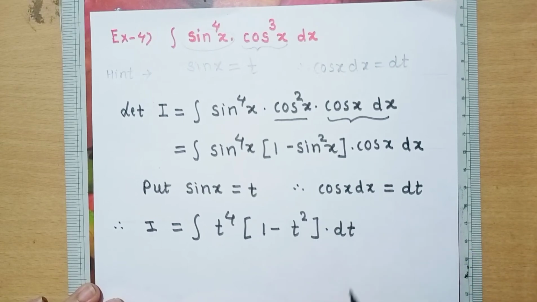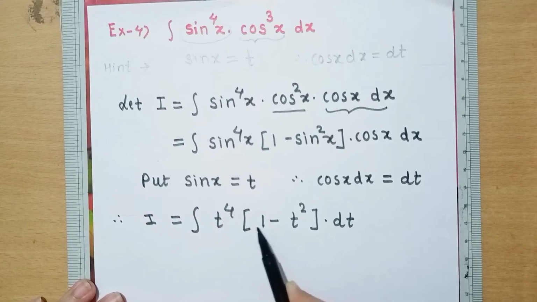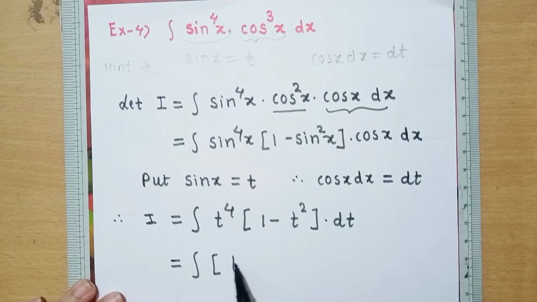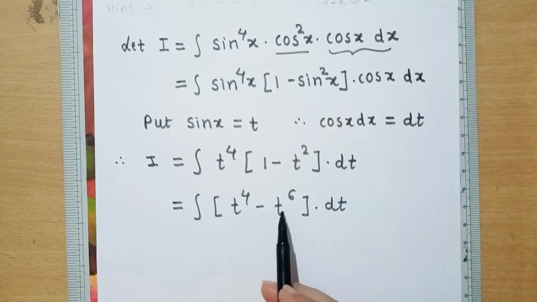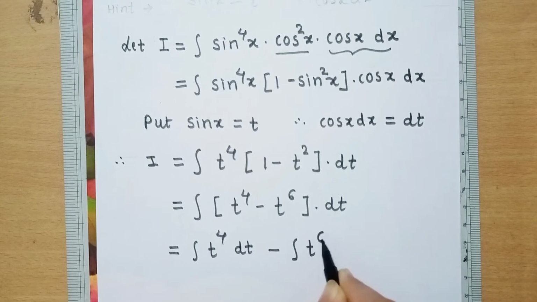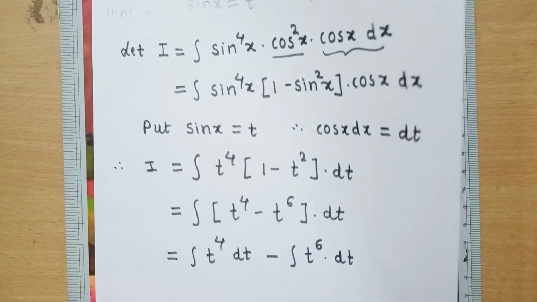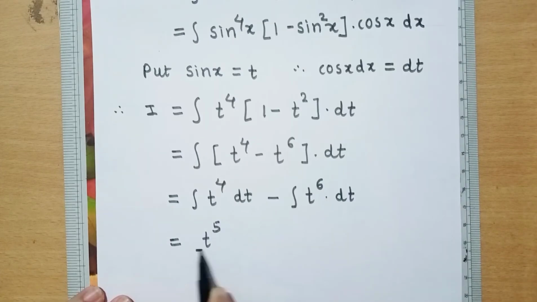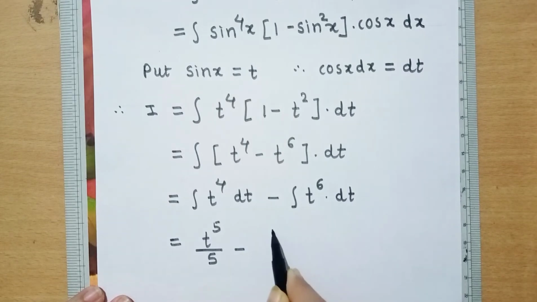Now again we will multiply this separately, and so we have t raised to 4 minus t raised to 6 into dt. Now we will take separate integration for these two terms. So integration of t raised to 4 dt minus integration of t raised to 6 dt. Now here use the x raised to n formula. This is t raised to 5 upon 5 minus t raised to 7 upon 7.